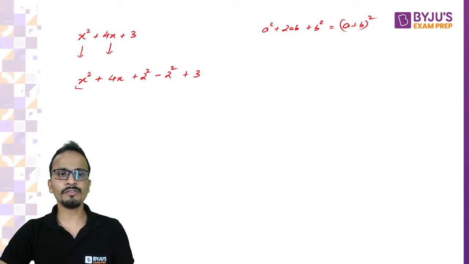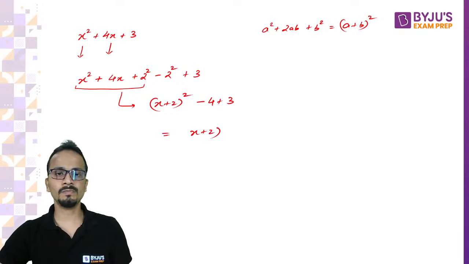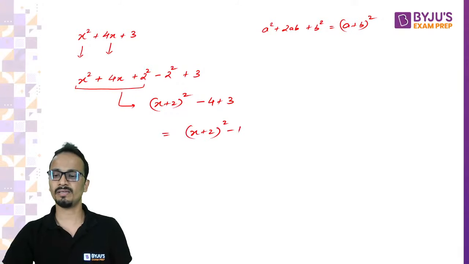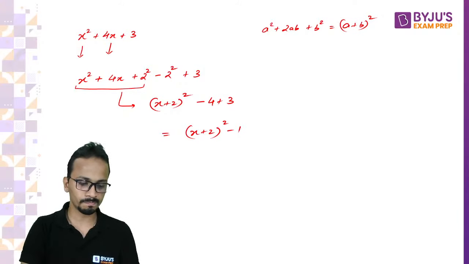Now this portion can be written as (x plus 2) whole square, then minus 4 plus 3. So this is (x plus 2) whole square minus 1. This is how we can convert any given quadratic expression into its perfect square form.